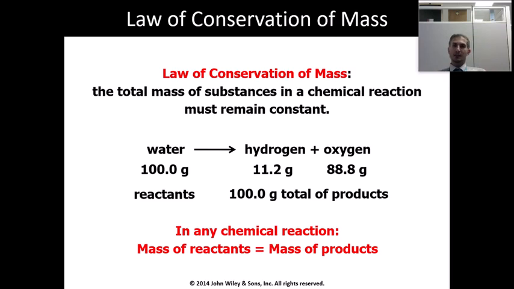It doesn't matter. We break it down to hydrogen and oxygen. The summation of the mass of these 2 components should be the same as the initial material, 100 grams.